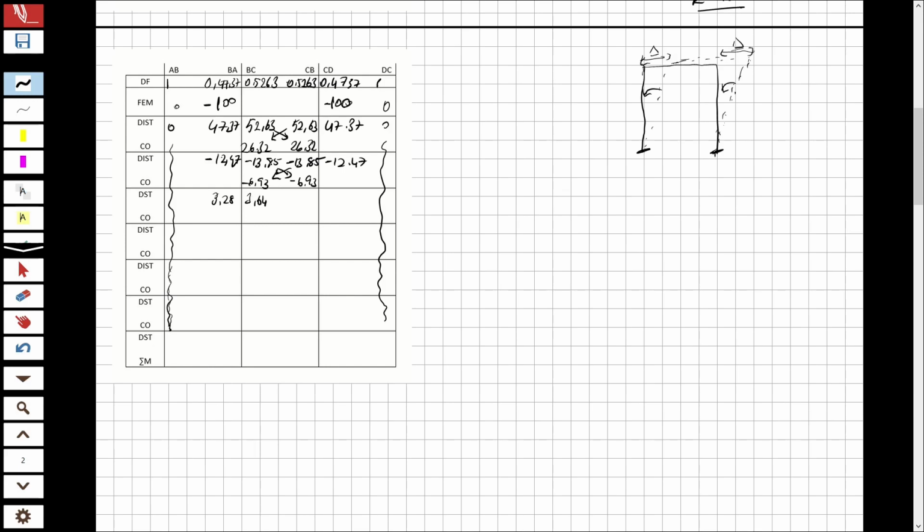3.64, and this will be 3.64. This will be 3.28. I'm going to distribute this force at these ratios to BA and BC. Okay, so I'm going to take the carryover of this both, and this will be 1.82.